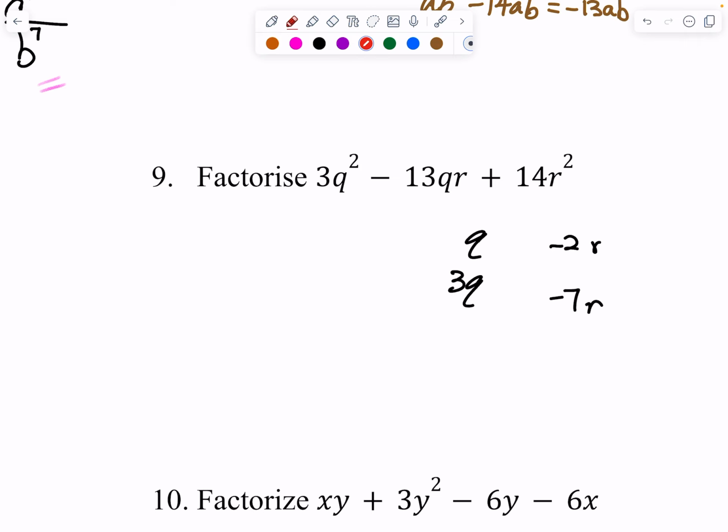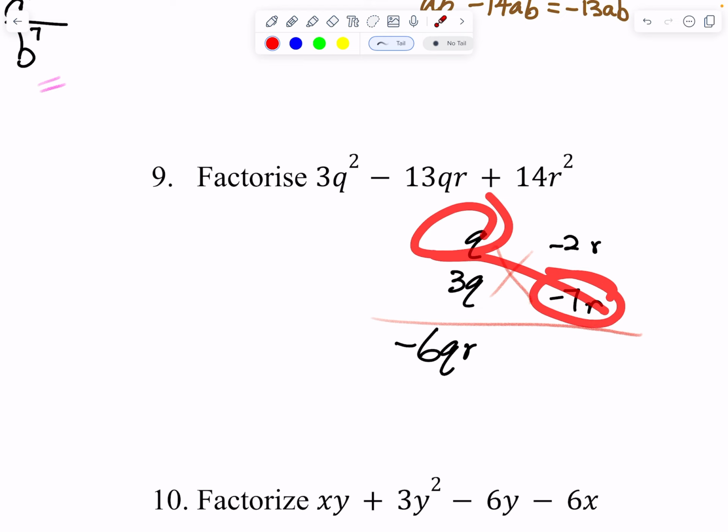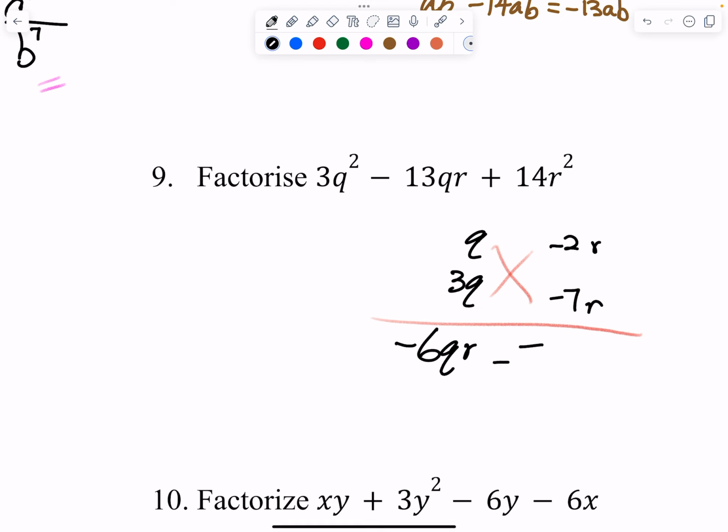And then we put on cross, cross, cross. Let's do it. Negative 2 times 3, negative 6qr. q times negative 7, that means 1 times negative 7, negative 7qr. So, negative 6 plus negative 7, negative 13qr. Is it matching the one in the middle? Yes.